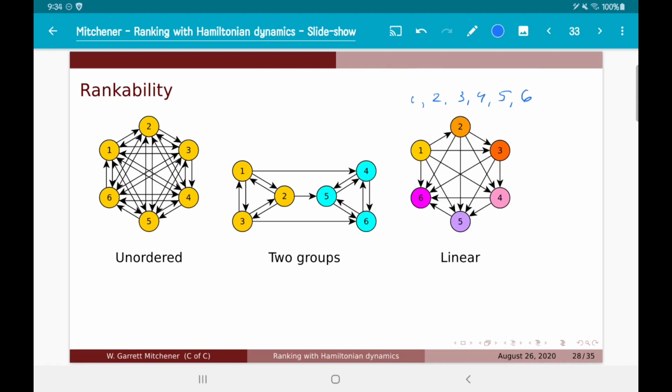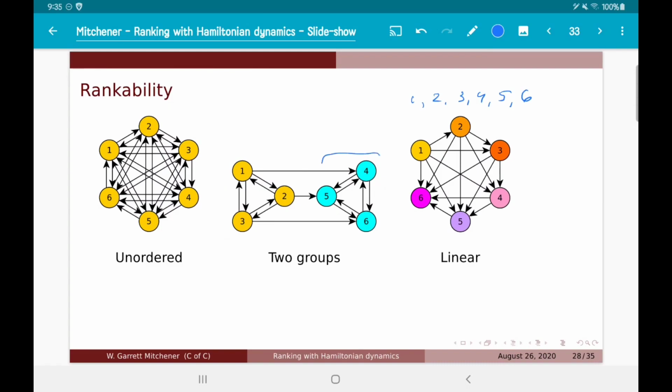And then you get these intermediate things, like this example in the middle, which is partly rankable and partly not. The rankable part is that there are 3 items over here and 3 items over here, and all of the arrows from a yellow item to a blue item are facing this way. So all of the blue items are stronger than the yellow items according to this data.